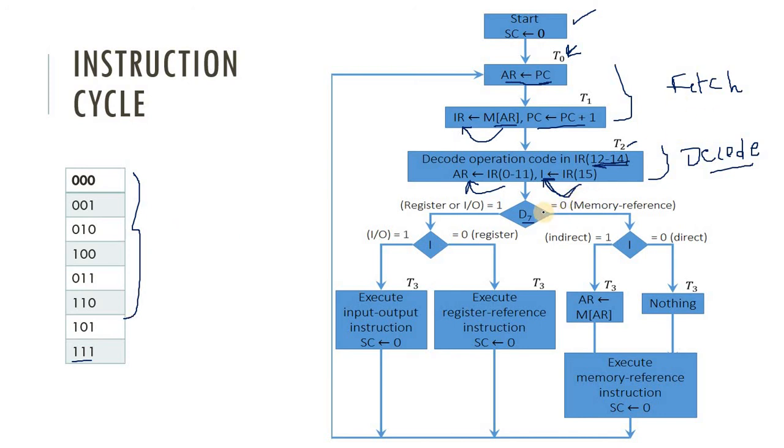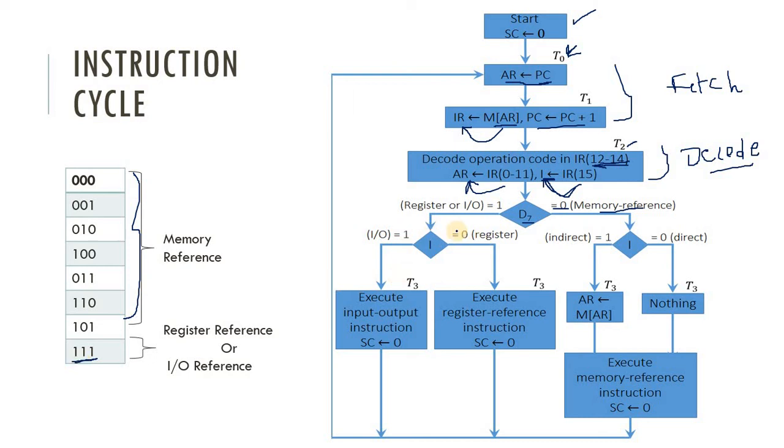So here we can say that if D7 equals 0, then it is a memory reference instruction. And if D7 contains all 1s and does not contain any zeros, at that time the instruction is the register reference or the IO reference instruction.